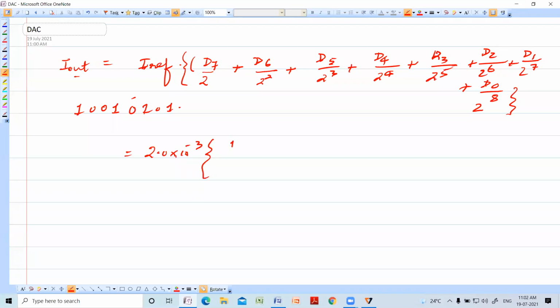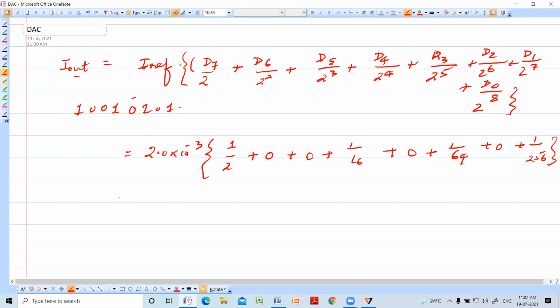So D7 is 1 here, it is 1 by 2, plus 0 plus 0, D5 is 0, plus D4 is 1, so it is 1 by 16, plus D3 is 0, D2 is 1 by 64, plus 0 plus 1 divided by 256. This you can compute, and this will be your output current.